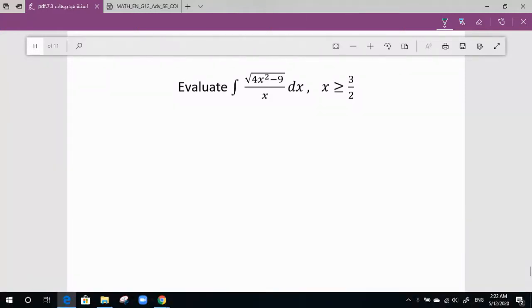In this integral, we have the integral of radical 4x squared minus 9 over x dx, when x is greater than or equal to 3 over 2. Because we have this radical, we must remember the case in trigonometric substitution for x squared minus a squared.